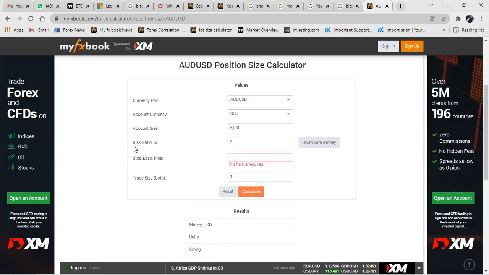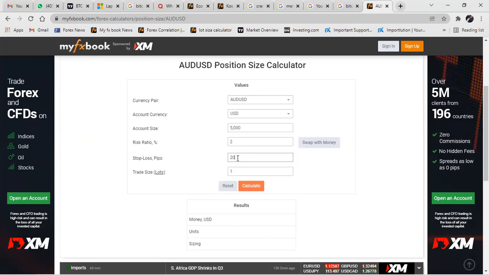Your risk has to be associated with your stop loss, because on a risk ratio you are risking 2%. Let's say you want to use a stop loss of 20 pips with that currency here, AUD.